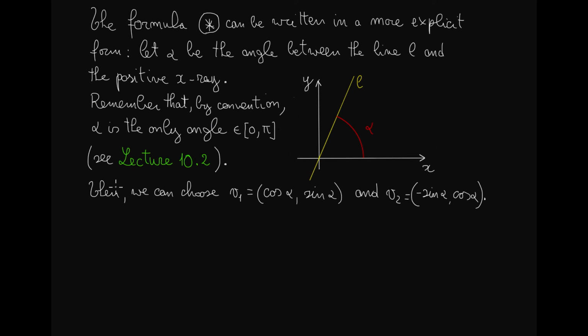Then we can choose V1 to be (cos alpha, sine alpha), and that will precisely give an element at distance 1 from the origin on the line L, and V2 an orthogonal vector to it, which can be chosen to be (negative sine of alpha, cosine of alpha). Again, this V2 will be orthogonal to V1 at distance 1 from the origin.